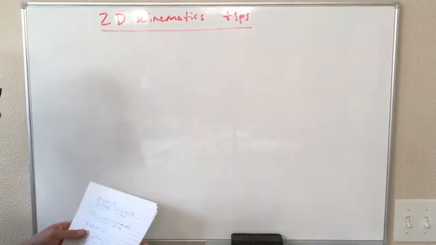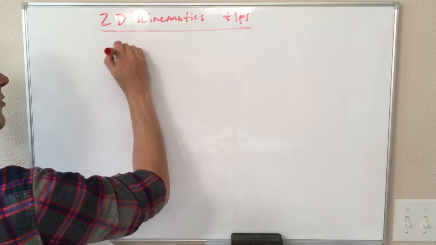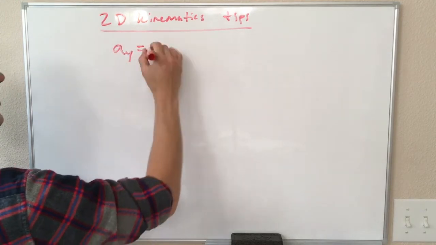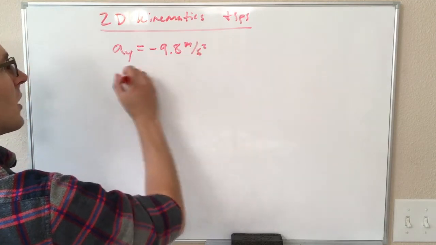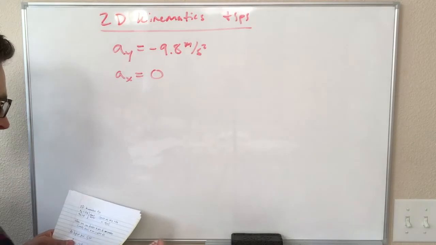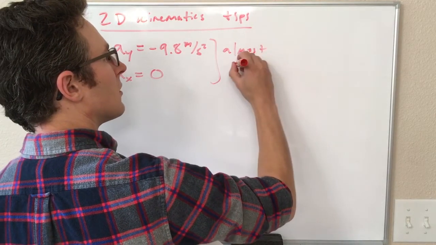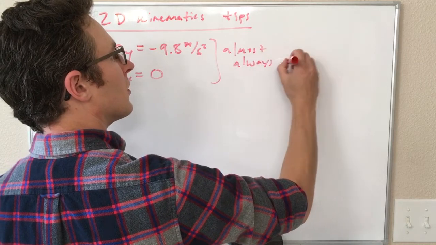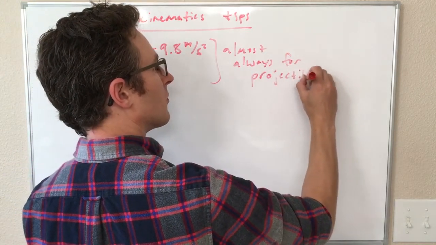In those sorts of problems, which are most of our 2D problems, our y acceleration is equal to minus 9.8 meters per second squared, and our x acceleration is equal to 0. And this is true almost always for projectile motion.